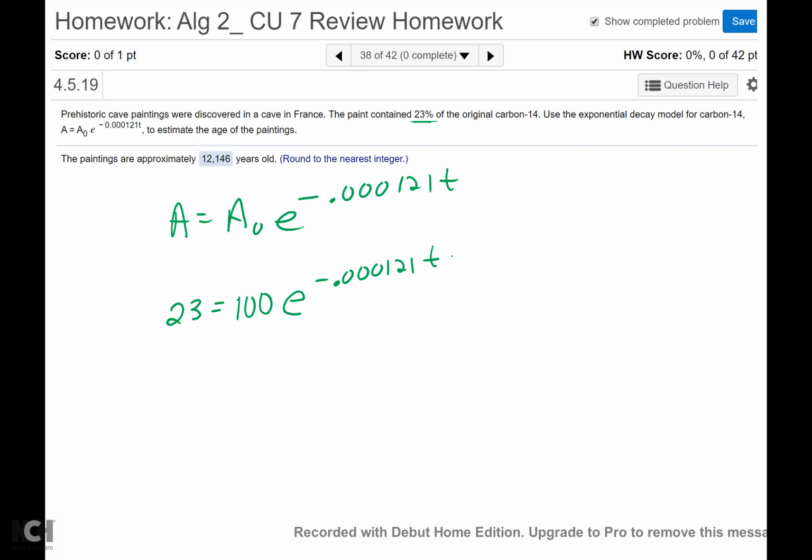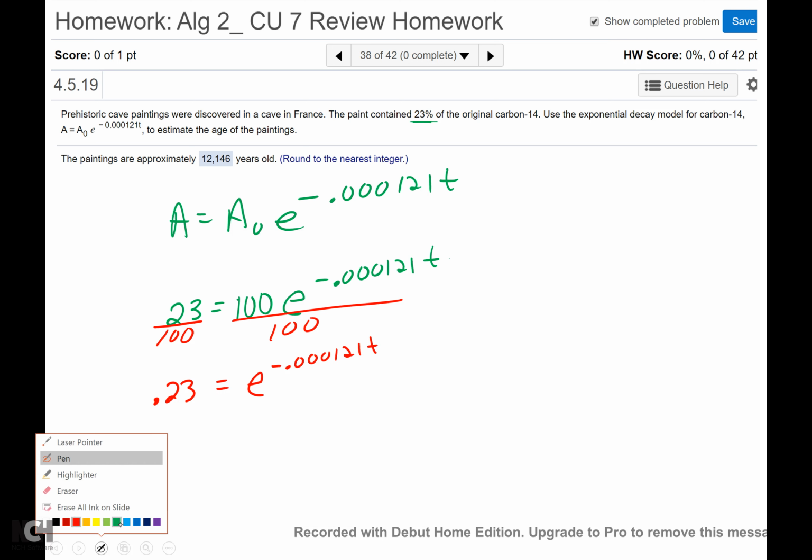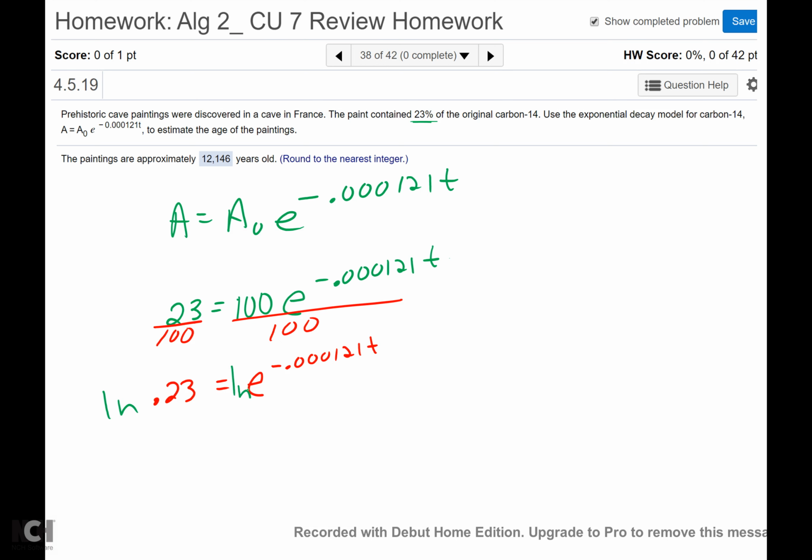Okay? So I've got to isolate. I'm going to divide by 100. That gives me 0.23 equals e to the negative 0.000121t. Then I'm going to ln both sides. ln 0.23, I get negative 1.46967597 equals negative 0.000121t, because these cancel.